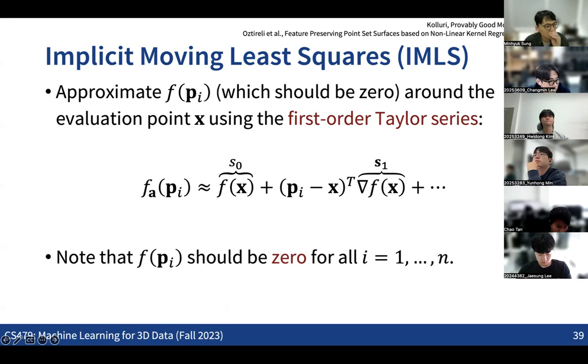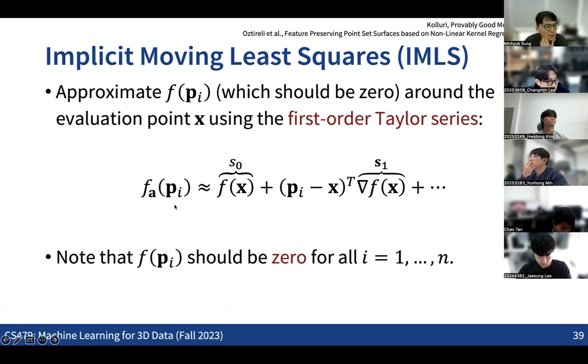So now we represent this function with the function value at the query point, and also the first order gradient, and the second order gradient, and so on, right? This is another way of parameterizing the function value, approximating the function value at any of the points in the input point cloud. And we know that this should be 0, right?